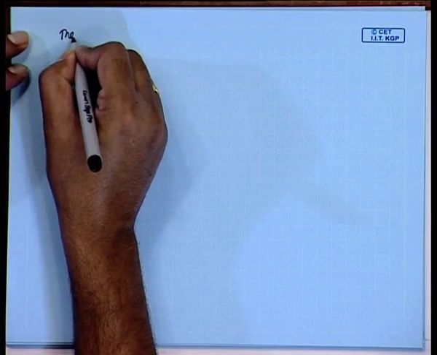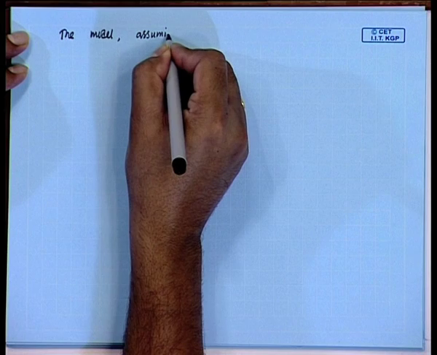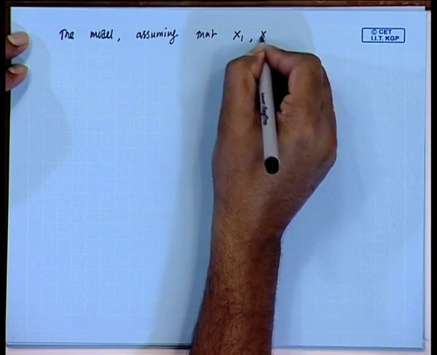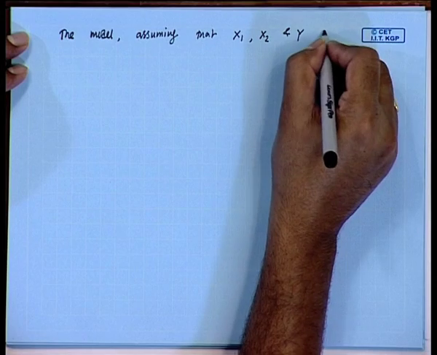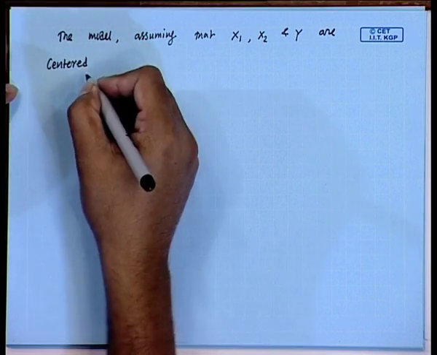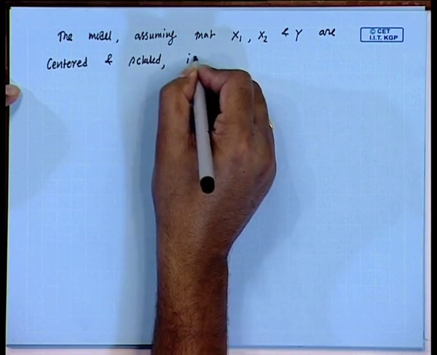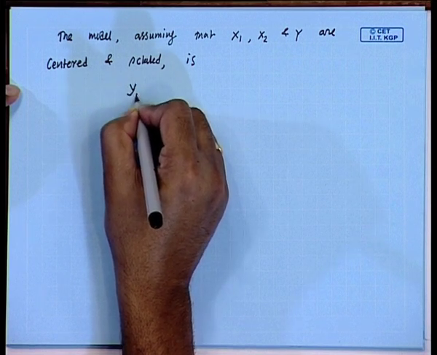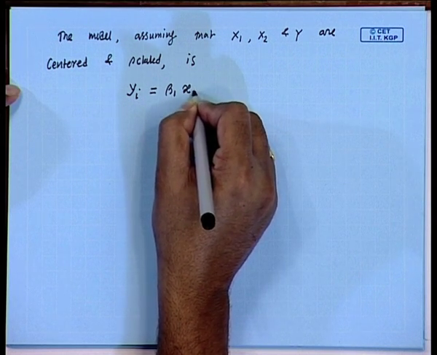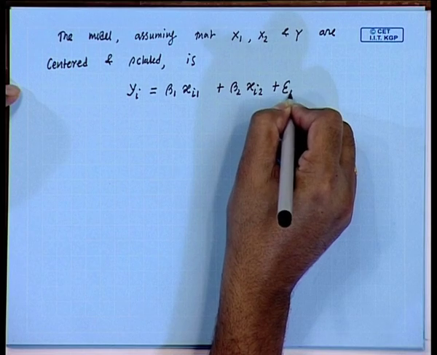So, the model, assuming that x1, x2 and y are centered and scaled, is just y_i equal to beta 1 x_i1 plus beta 2 x_i2 plus epsilon_i.